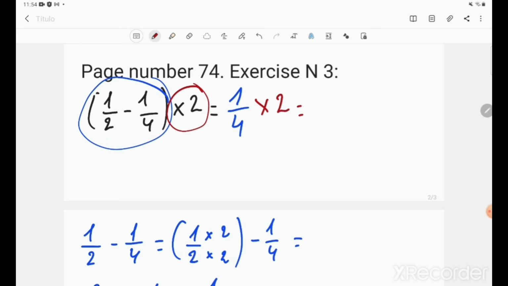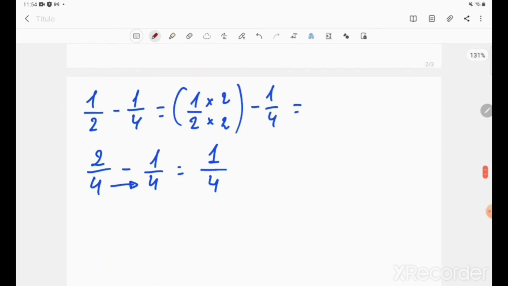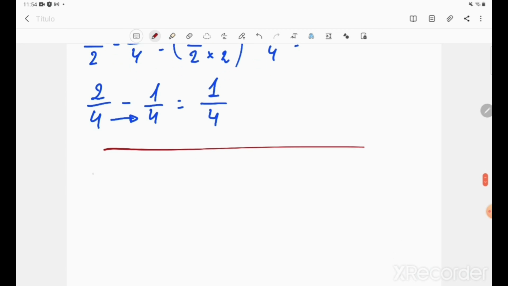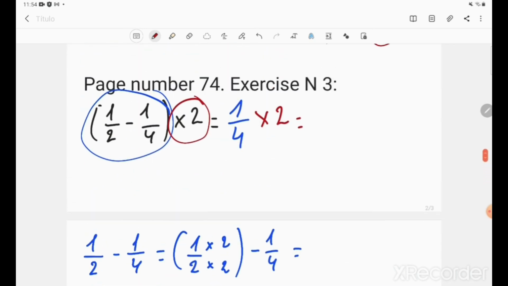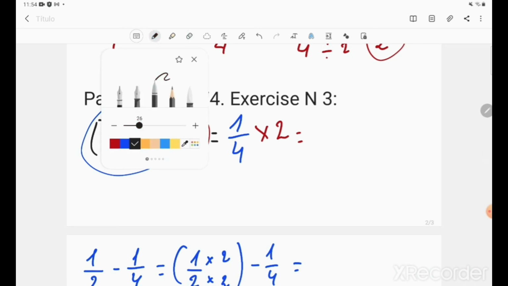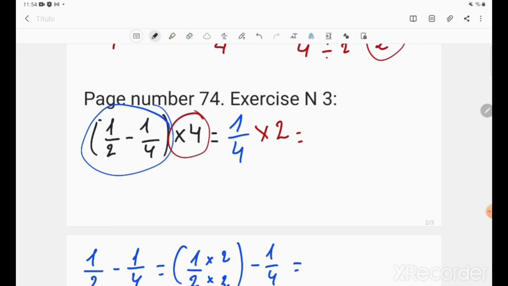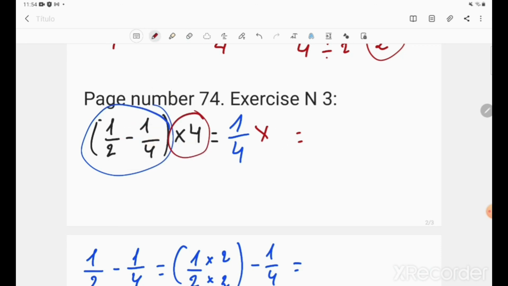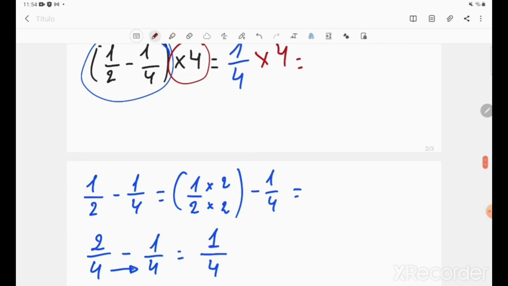Second part of this operation, 1 over 4 multiplied by 2. Sorry, actually it's not 2, it's 4. I just checked it. Okay, it's a 4. Forgive me for this mistake.